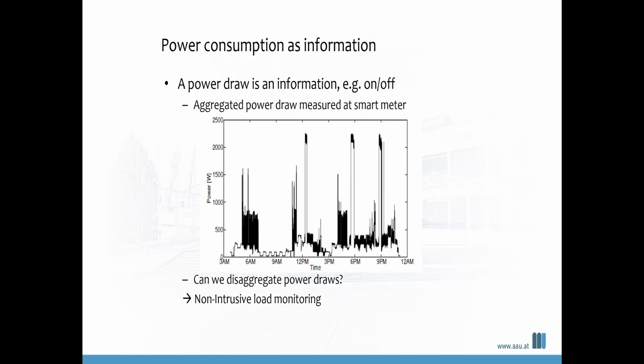But there is definitely a lot of activity at around 5:30. So let me just see if I can have a pointer here. So we see a lot of activity here. So definitely somebody got up here and prepared themselves and left the house again at 6:30.